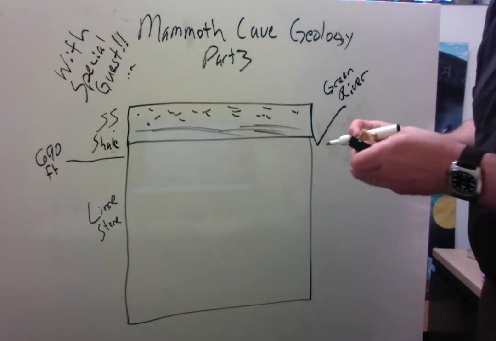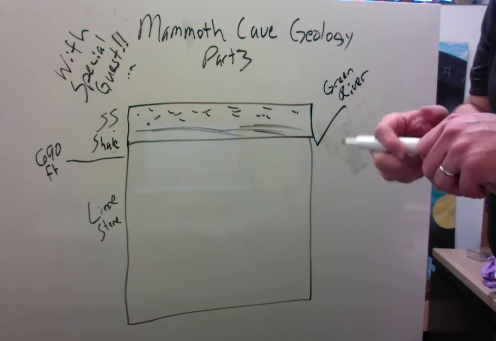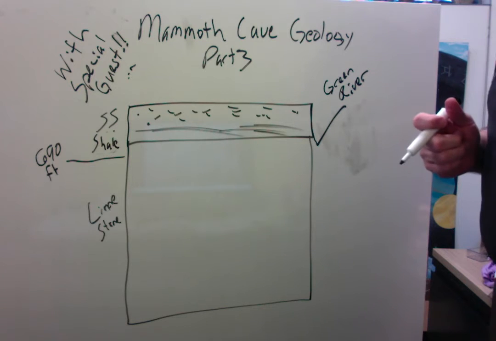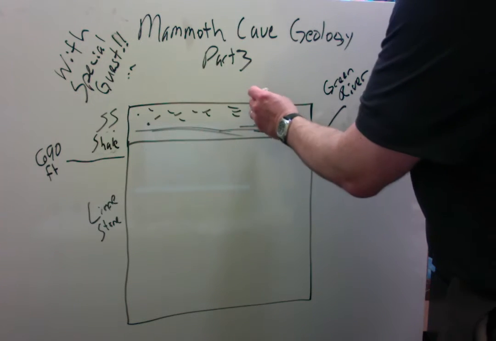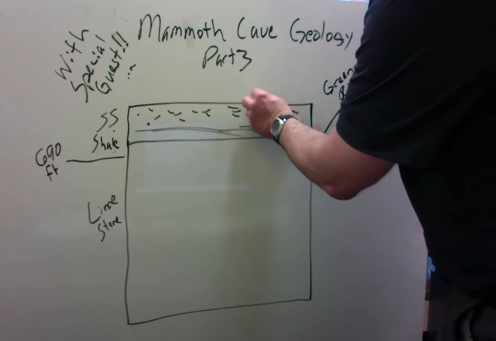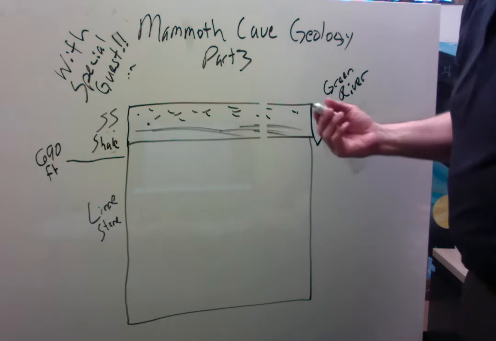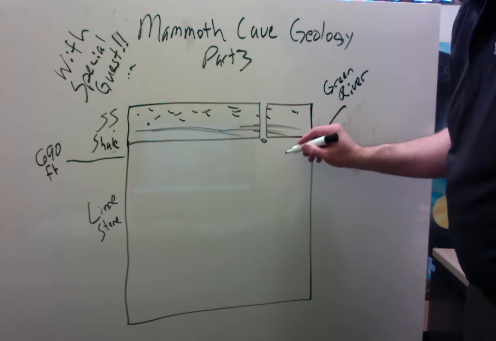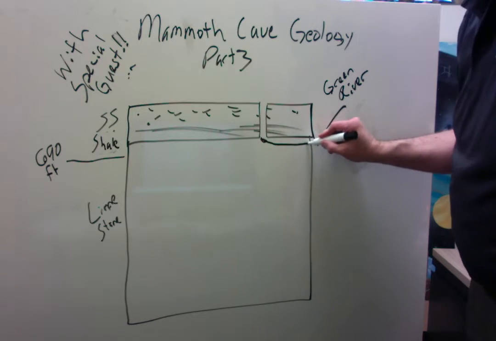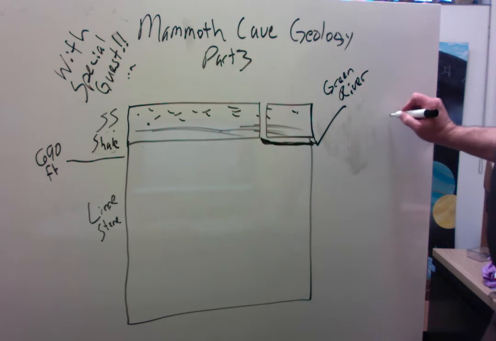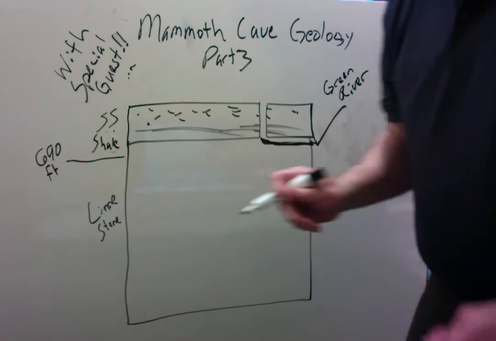Level A is a unique situation. There's only one passage of level A in all of the 412 miles of Mammoth Cave. It's believed that it formed right at the beginning of cave formation, when there was a crack in the sandstone, and water got down into the limestone and basically flowed down dip straight to the Green River, and that's level A, right around 690 feet elevation.